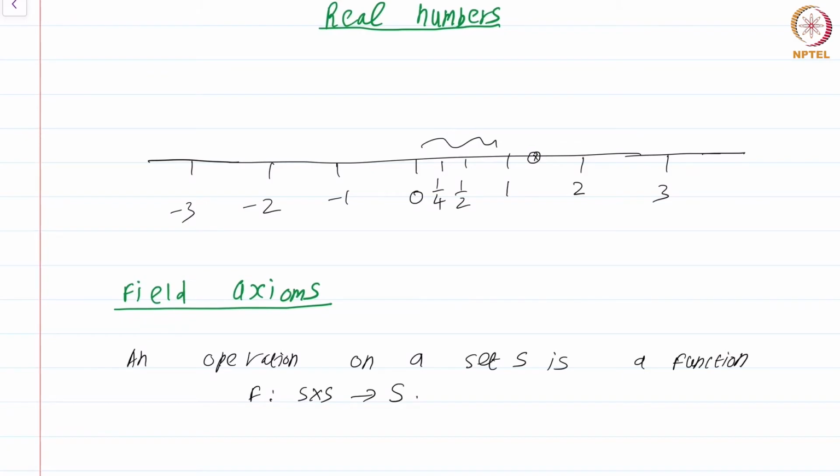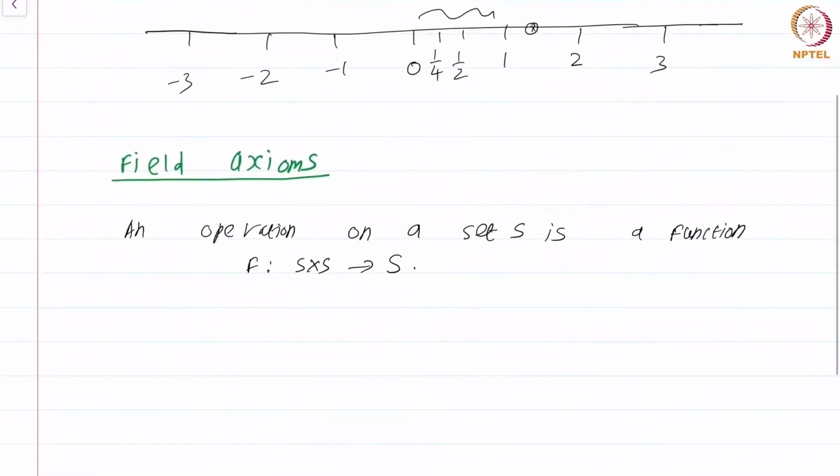Now there are several operations you are already familiar with in a disguised notation. Addition is an operation, multiplication is an operation, subtraction is an operation. These are all operations defined on various sets.